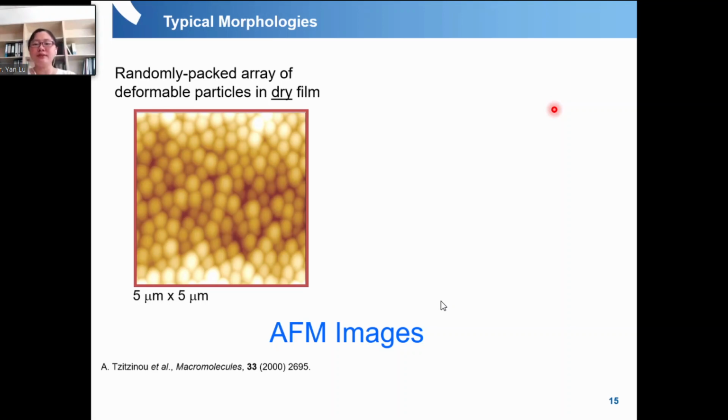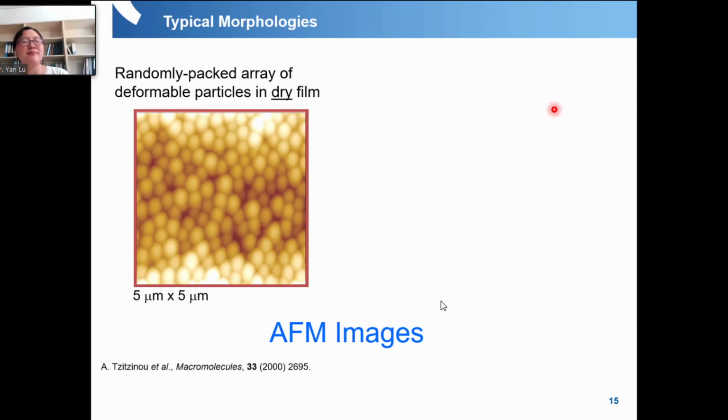Sometimes you need to study the morphology of these films. For the morphology of colloidal particles, normally you should use AFM. Why do you not use electron microscopy?